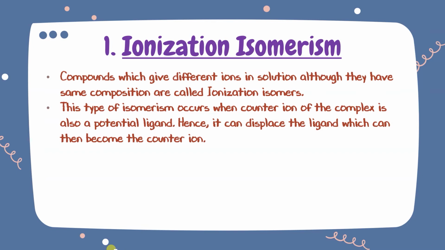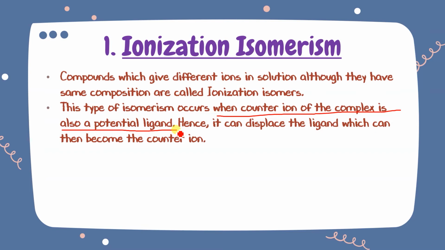This type of isomerism occurs when the counter ion of the complex, this is the important part, so let me mark it over here, is also a potential ligand. It means that whatever counter ion we change must have the same charge. I'm saying same charge, not same number.